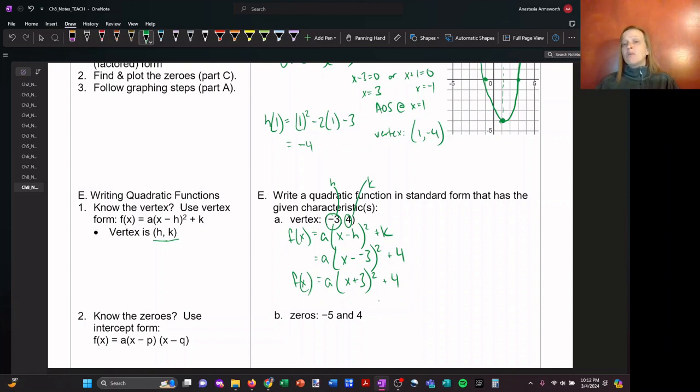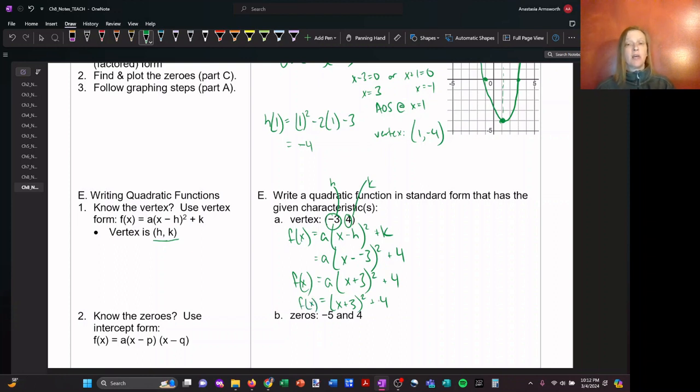In this example, I wasn't given another point on the parabola. Therefore, I just get to pick any value of a that I want. And the value of a that I want to choose is the simplest one, just the value 1, where I can just decide that my final function is x plus 3, the quantity squared, plus 4.